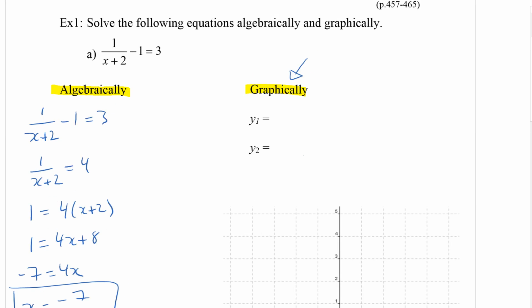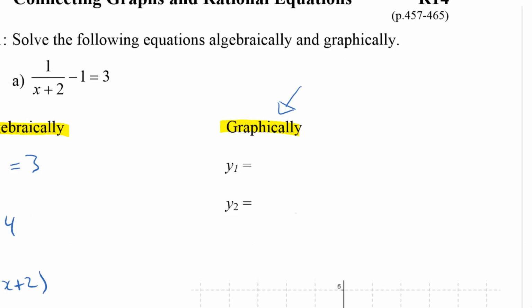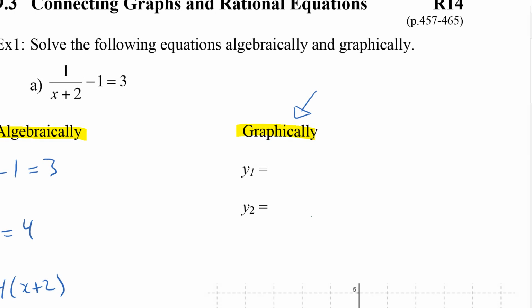So now let's explore the graphical solution. If you recall, there's two ways to do the graphical solution. And this is the first way, probably the easiest way: take what's on the left-hand side of the equal sign and equate it to y1.